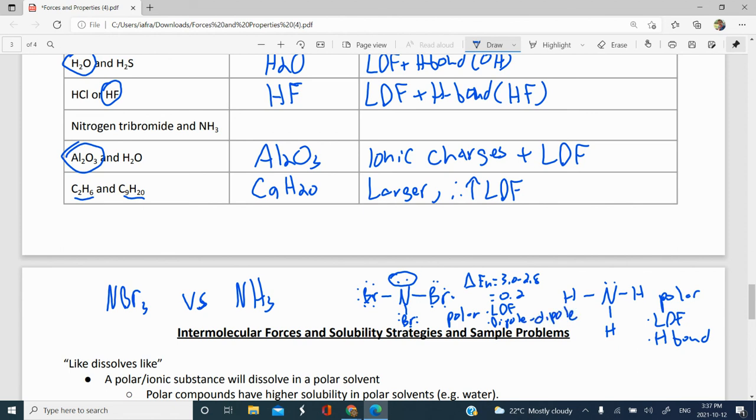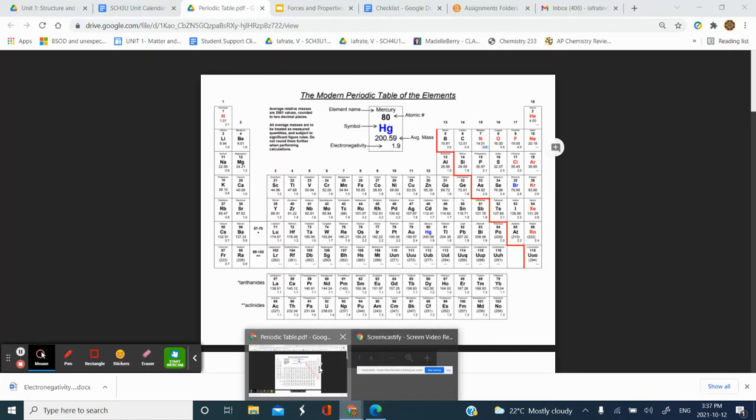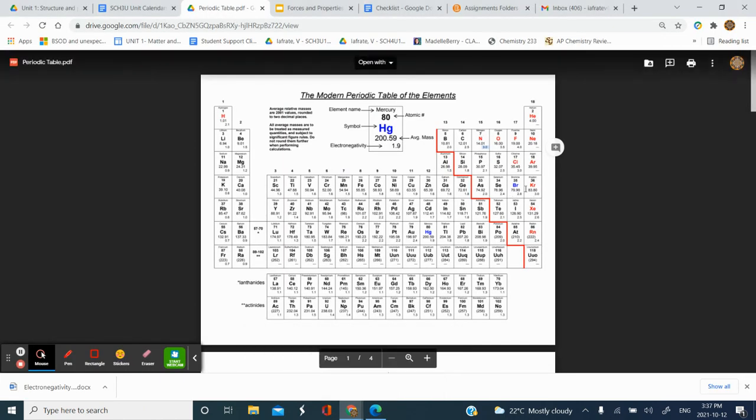Now this one's a bit of a tricky one. Right now, based on your knowledge, you would guess NH3, and you'd be correct to guess that. You'd be okay guessing that. I would give you full marks for it because you would say, well, this can do LDF plus H bond. The only reason it can be a bit tricky is because nitrogen tribromide is really heavy. If you look at it, it has a bunch of bromines there, and then ammonia is just N with 3 H's.